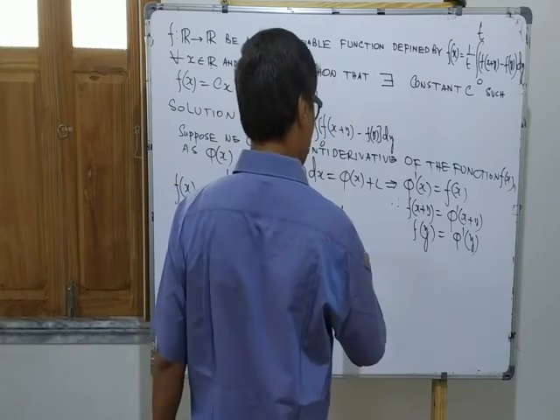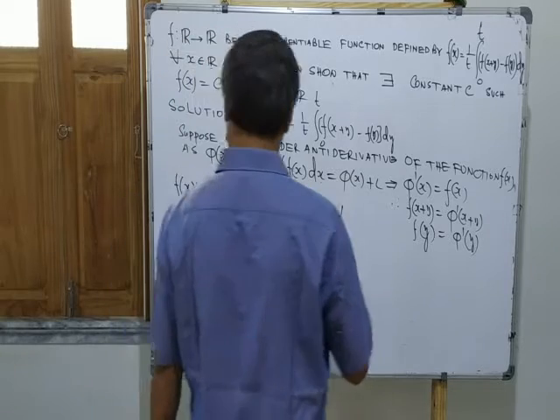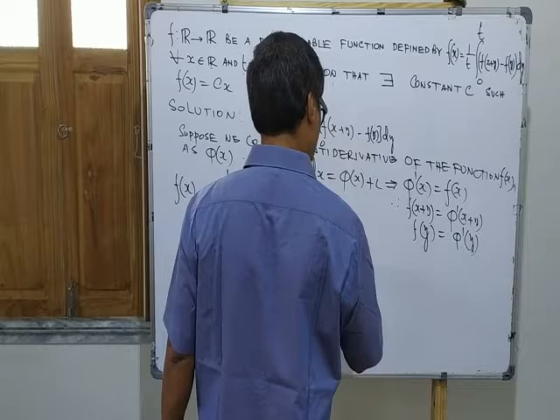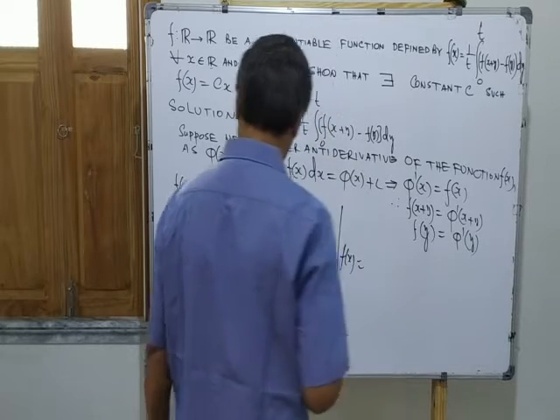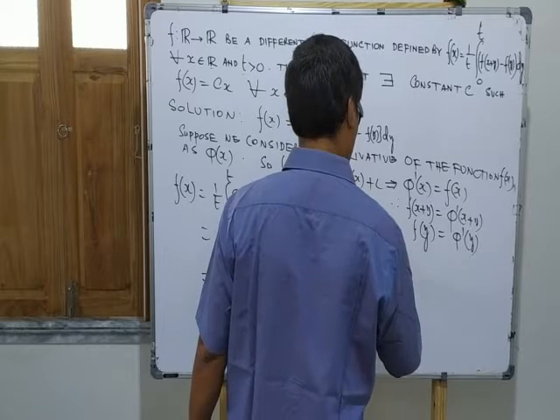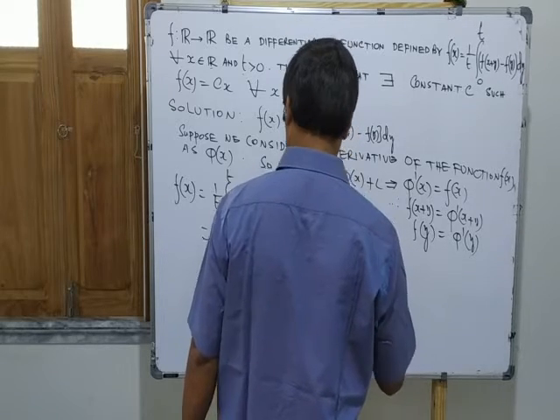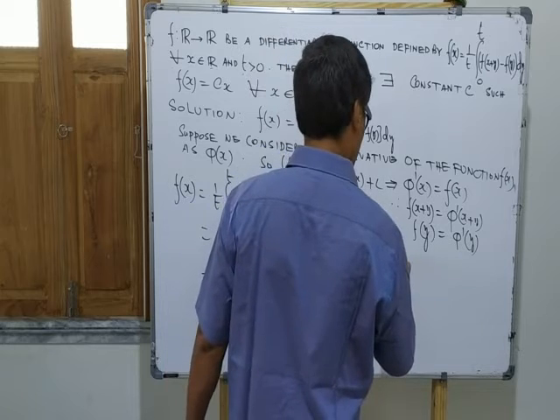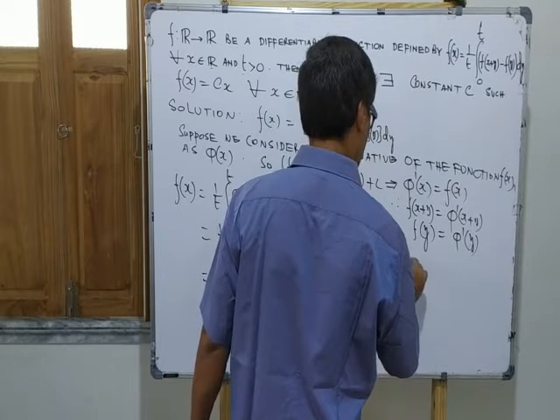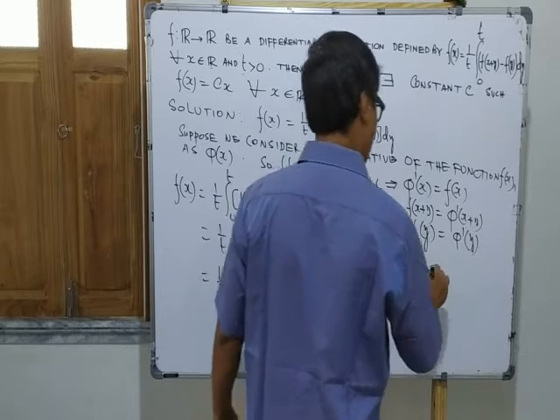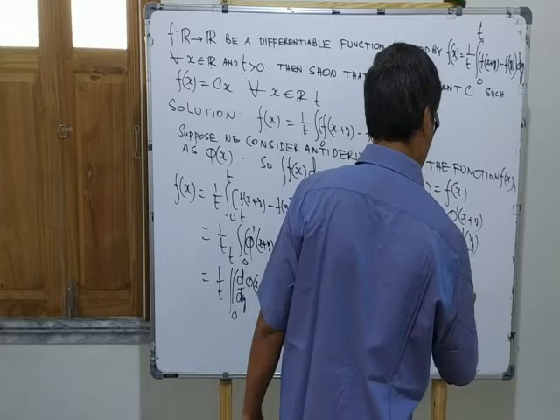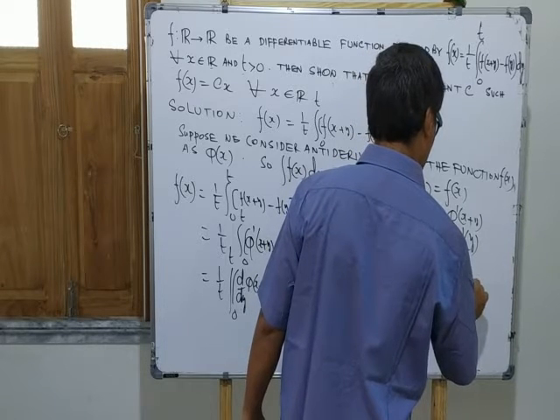So f(x) is equal to 1 over t integral from 0 to t of d/dy phi(x plus y) dy minus 1 over t integral from 0 to t of d/dy phi(y) dy.